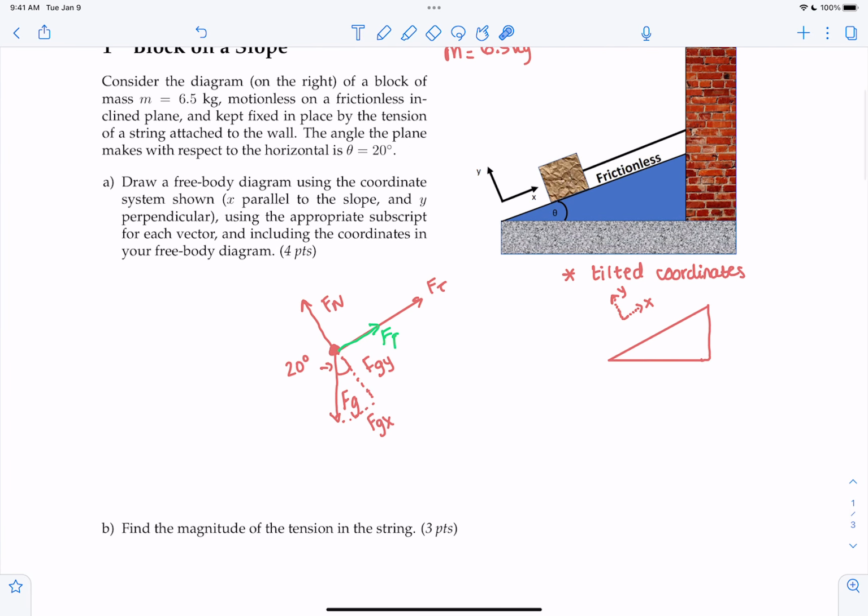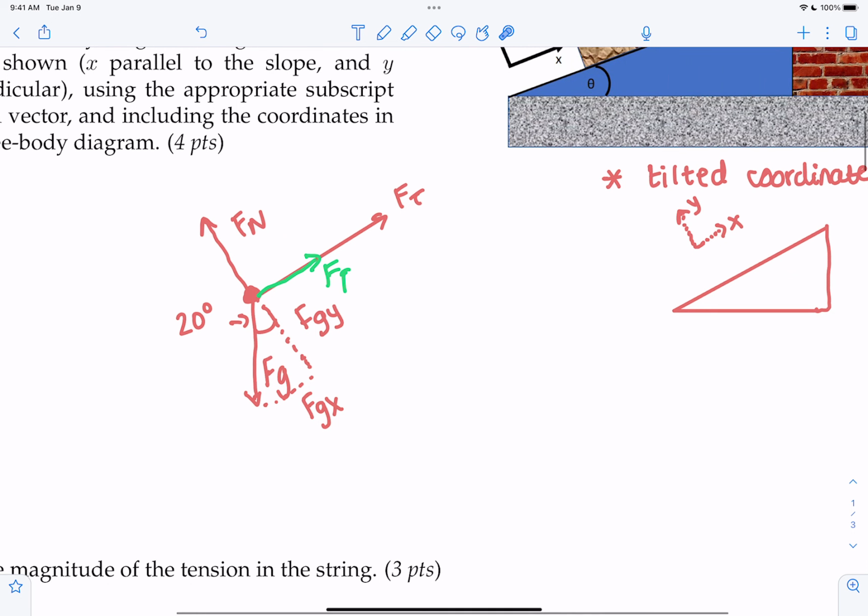If it's clear after your calculations that FGX is smaller or greater than the force of friction, for example, then we'd have to draw friction smaller, for example. So it's kind of going back and forth: you draw the free body diagram to the best of your abilities initially, and then go back and adjust based on the values that you calculate or the information given to you in the problem.